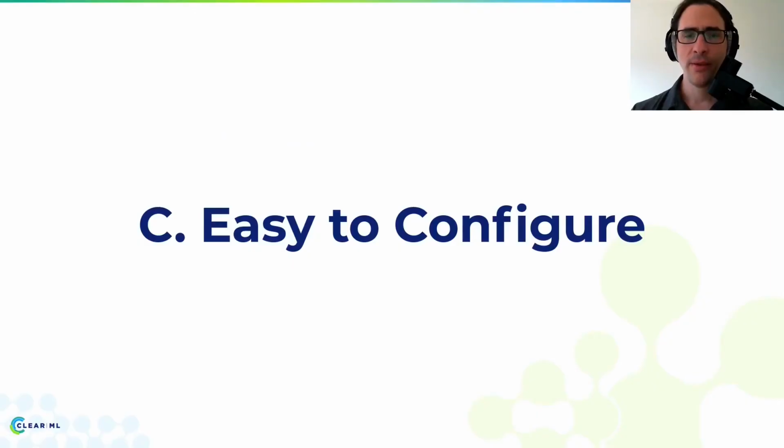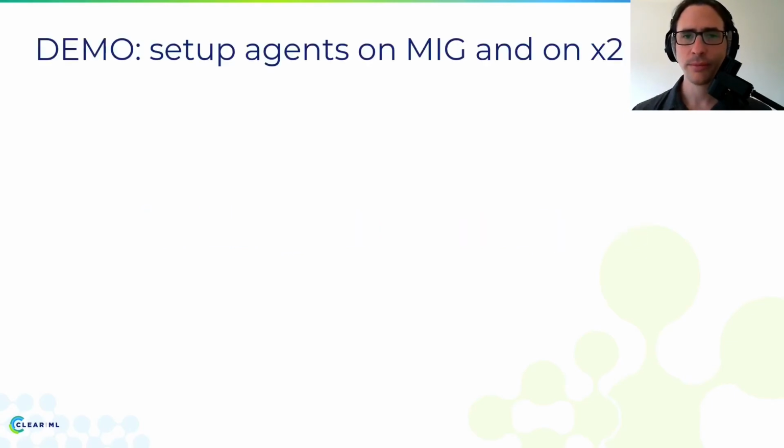Finally, we have to make sure that it's easy to configure, meaning that whatever I said about doing the reprovisioning and changing everything can be done by several people, and the DevOps only is needed for changing partitions, for example.